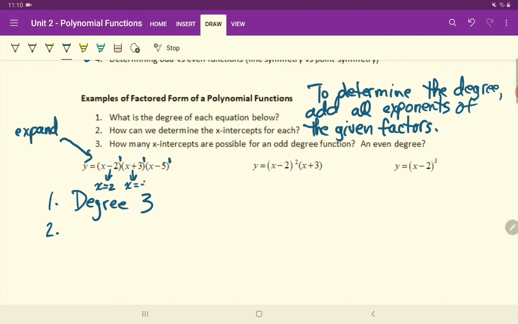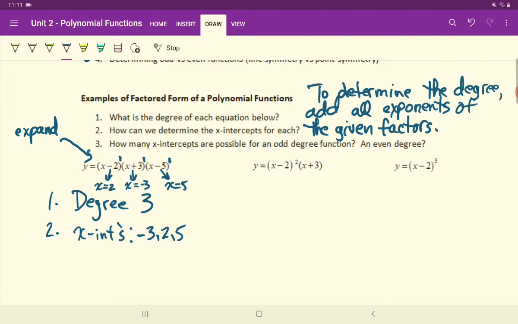If x equaled negative 3, the whole equation would equal 0. And if x equaled 5, the whole equation would equal 0. So my x-intercepts are at, let's start with the negative, negative 3, 2, 5. So it's going from smallest to largest.